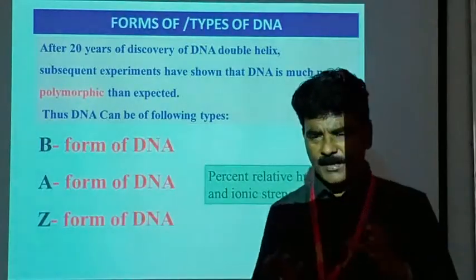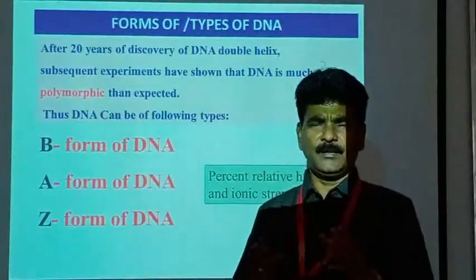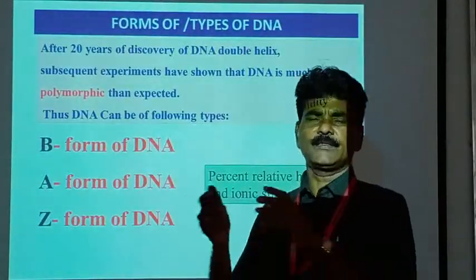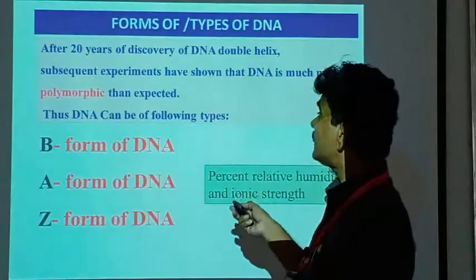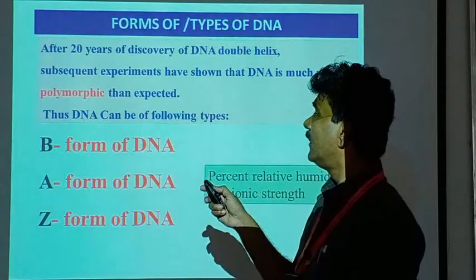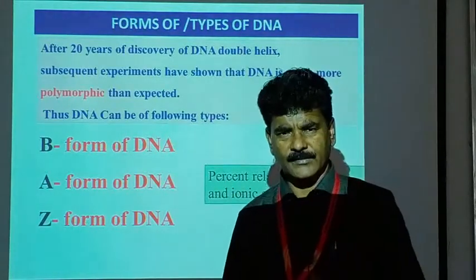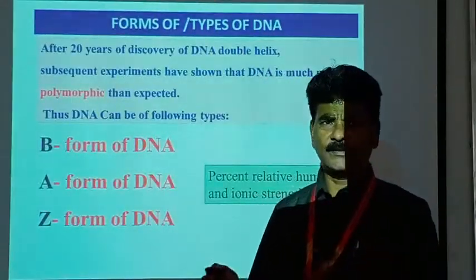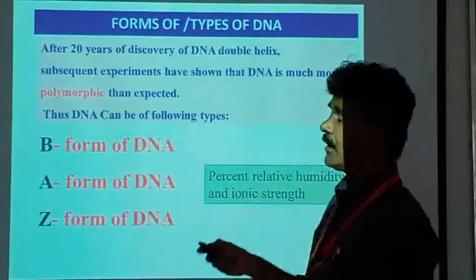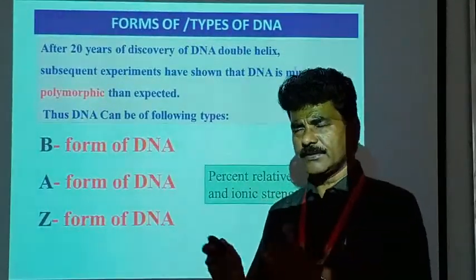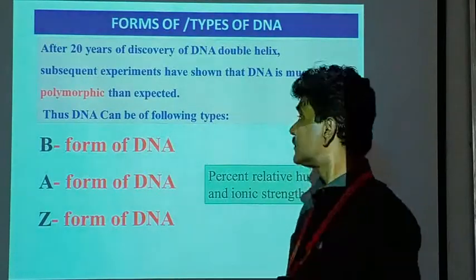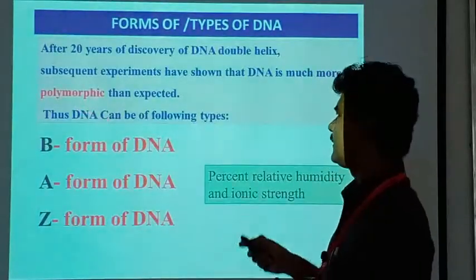So therefore there are different shapes of the DNA, different orientations of the DNA. After 20 years of the discovery of the DNA by Watson and Crick, the scientists have said that there are different forms of DNA also. Means DNA shows variation in its structure, so it is called polymorphic.